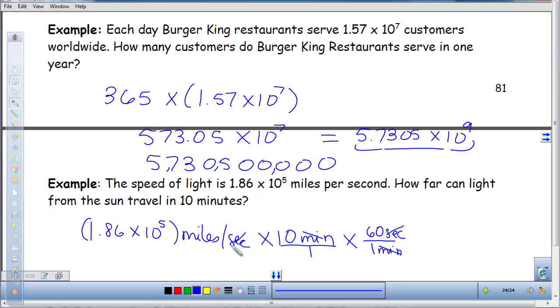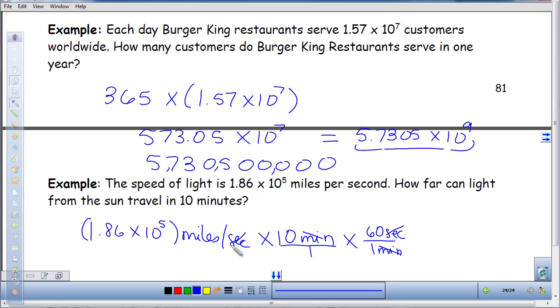Now we're ready to do it. We've got 1.86 times 10 to the 5 times 10 times 60. What I would do, I would probably multiply the 1.86 and the 60. Okay. Well, we could multiply the 10 by the base 10 that we already have. No, I'm saying times 60 then times.